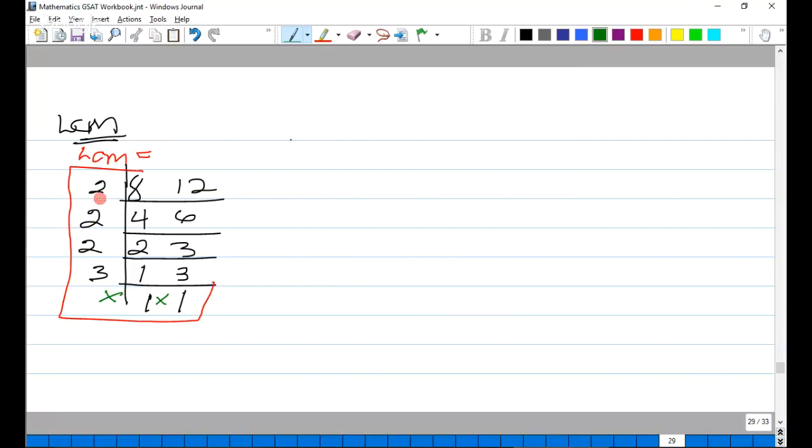And 12 times 2 would give you 24. So the LCM is equal to 24. Again, prime factorization is the easiest way to get it done.